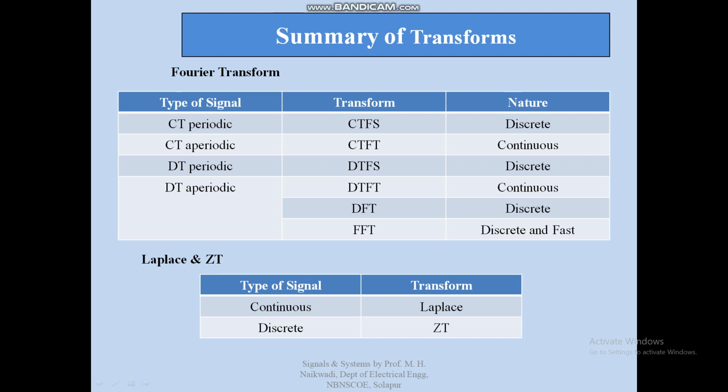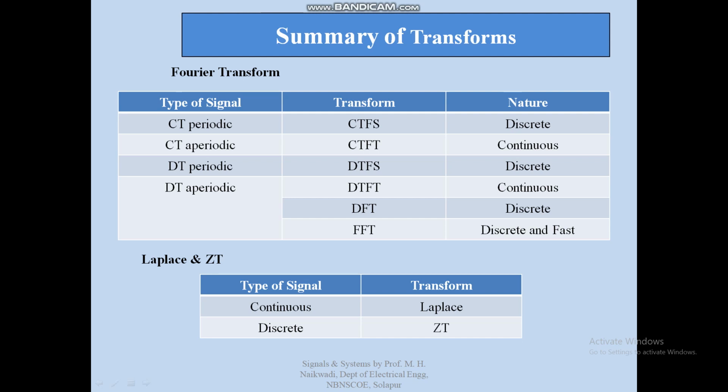If the signal is continuous aperiodic, we cannot use the Fourier series, so we have to use the Fourier transform. It is called the continuous time Fourier transform because it is used for continuous time aperiodic signals. And since here there is integration, it is continuous in nature.